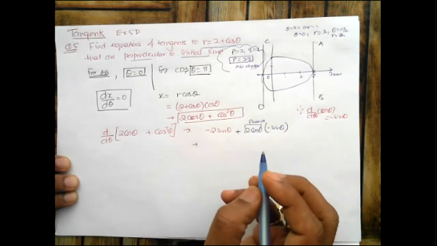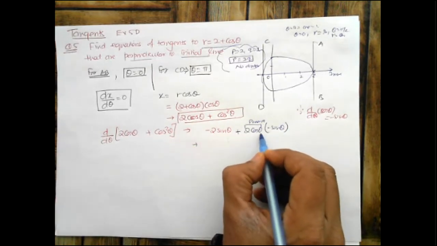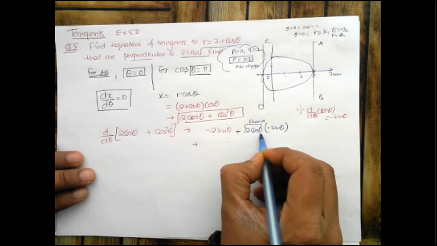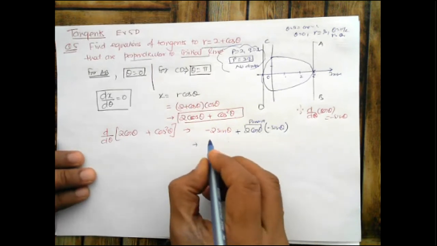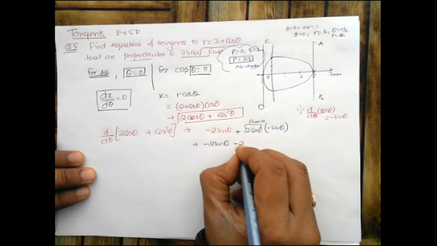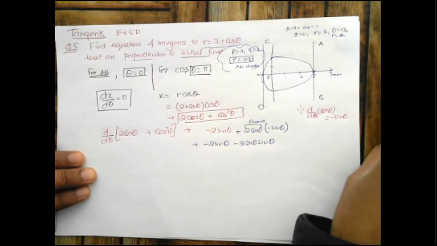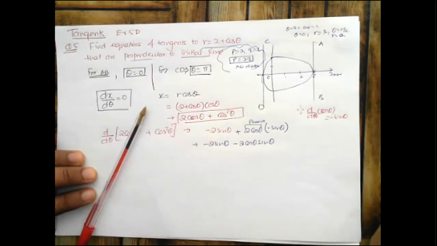So what do I get, people? I get minus 2 sine theta and minus 2 cos theta sine theta as well. Okay, so we're going to put this equal to 0.